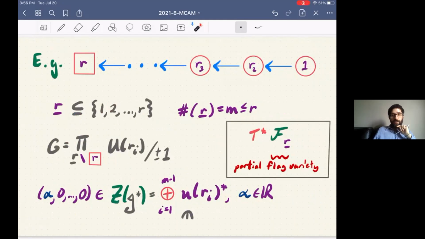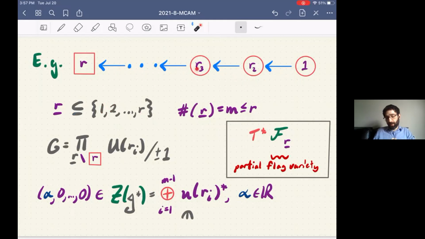Okay, so I'll just give you a really, if you like, classical example here. I'm going to take a so-called A-type quiver, and I have these all sort of strung out in a row. I'm going to have ascending labels here. I'm always going to start at 1, and I'm going to end at some R. And then in between, I have ascending labels, which ascending is the key property, okay?